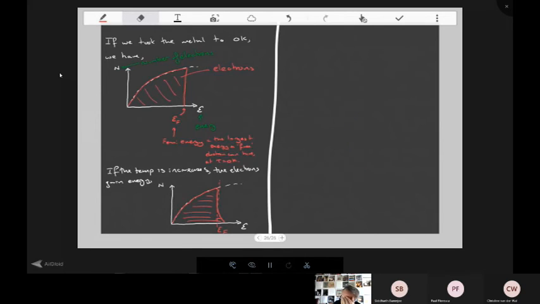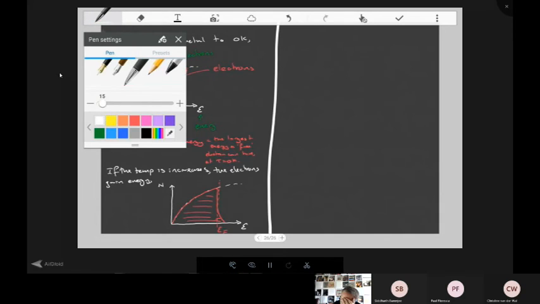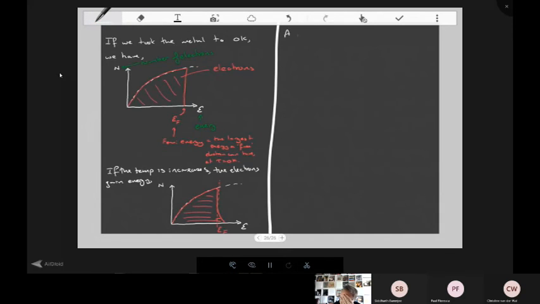And the point is, a relatively small number of electrons at the top of the energy spectrum are excited. So it's the same, it's a slightly different way.